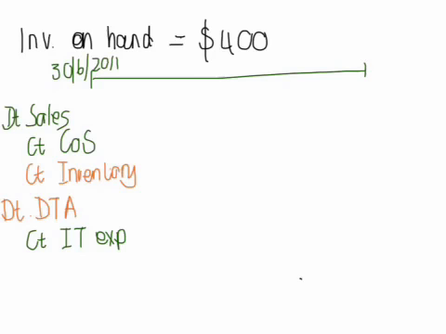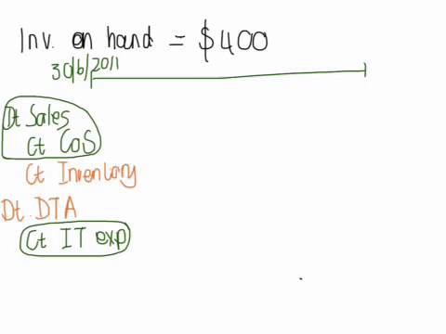Now, I deliberately made these accounts in different colors because I want you to see that the sales and the cost of sales and the income tax expense, those three accounts all appear in the income statement and therefore affect our retained earnings balance.